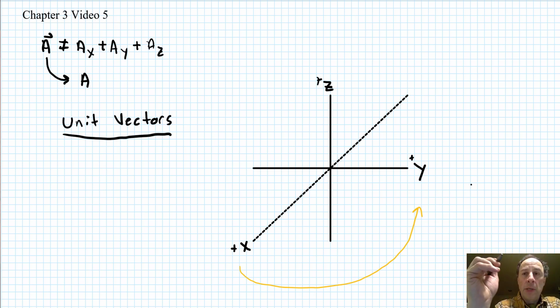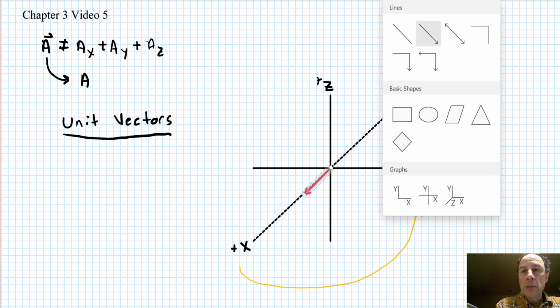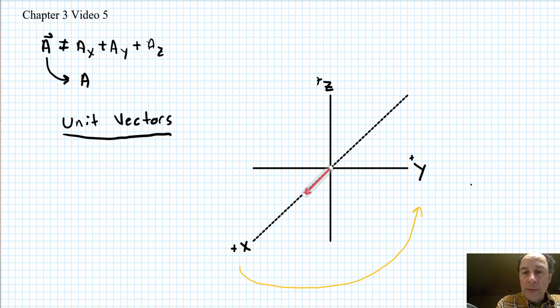Right? So the unit vectors here along x, we have one this way. I'll draw them kind of big just to make it obvious.